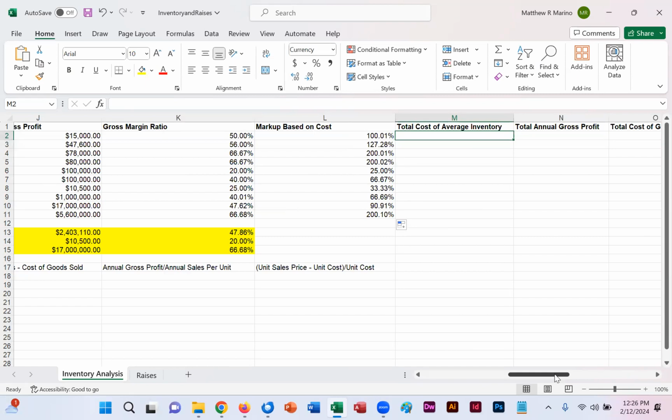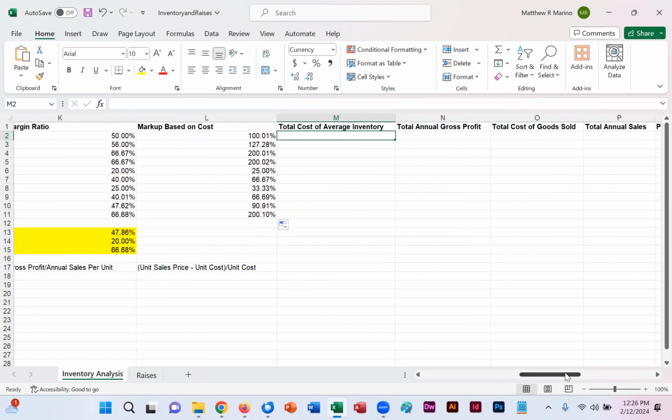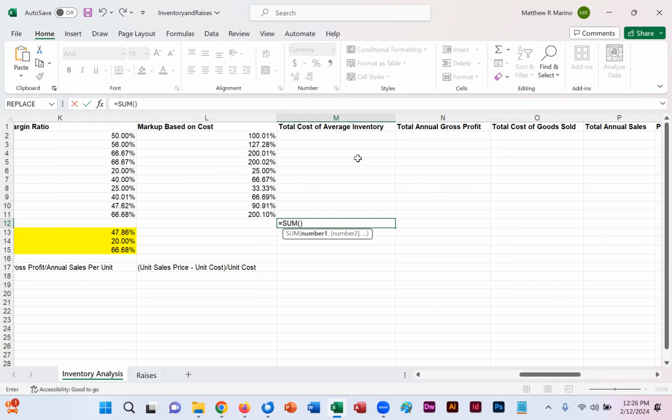So you'll notice here the next columns all say total above them. So we're going to push down to M12. We're going to select our auto sum button here, the sideways M, to give us equal sum. And then we're going to highlight M2 through M11.